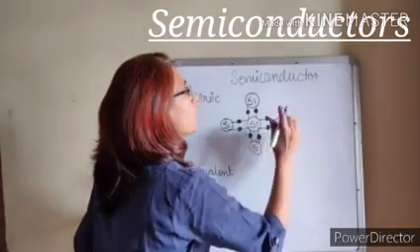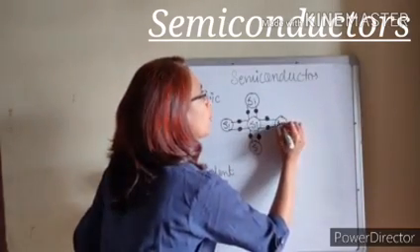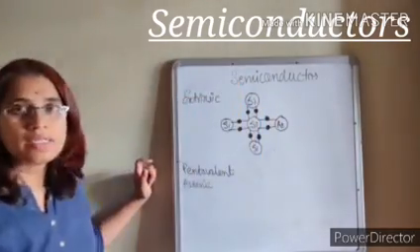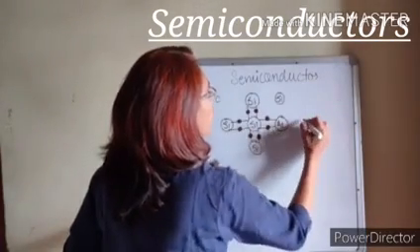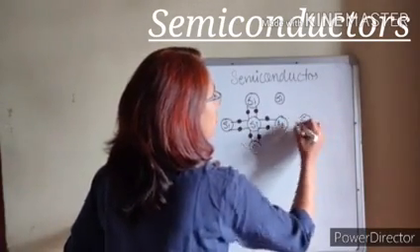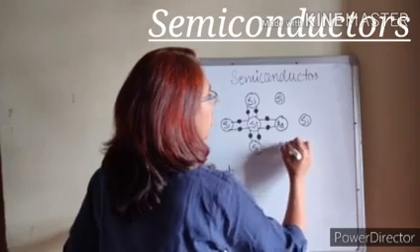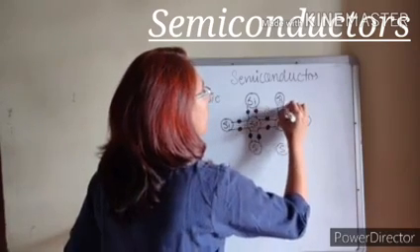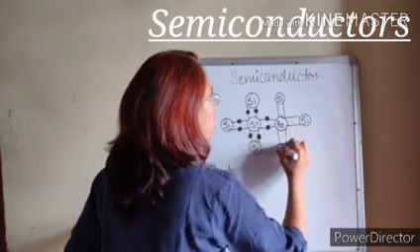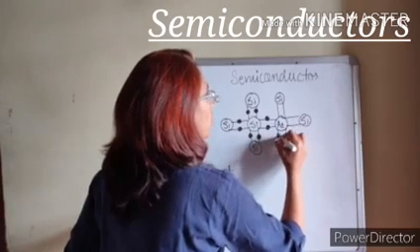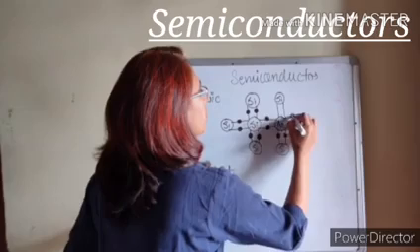Instead of silicon, here we dope an atom of arsenic. Let us consider a few more atoms of silicon which are sharing one electron with this arsenic, and here we see that this arsenic shares one electron with the silicon atom.